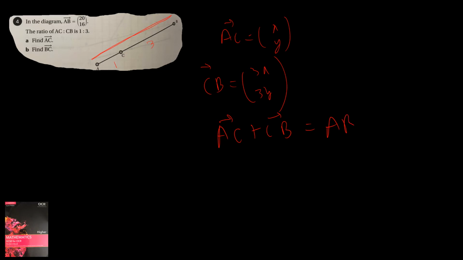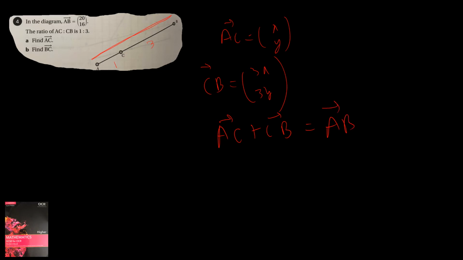So if AC equals (x, y), the vector CB should be equal to (3x, 3y). And AC plus CB equals AB.